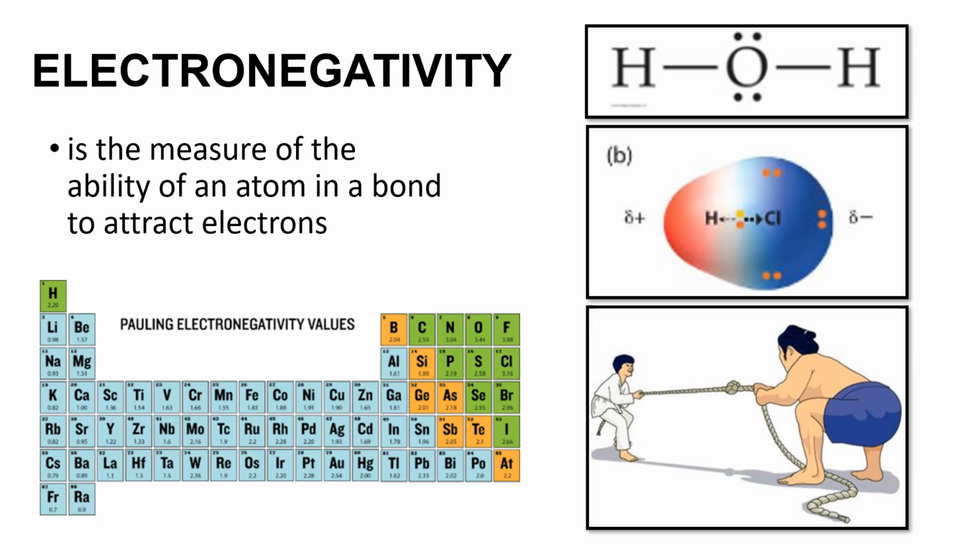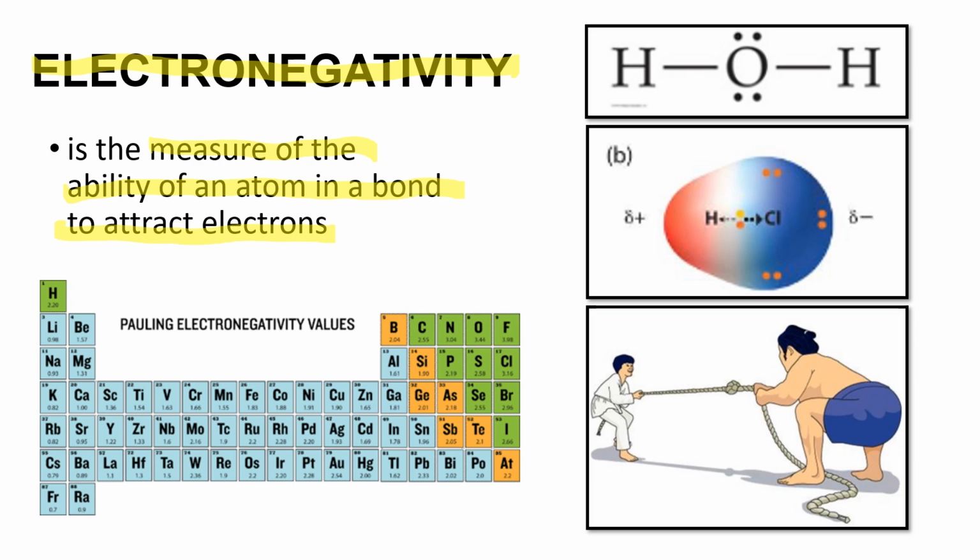When we talk about polarity between water and oil, we need to define terms first, and we have the term electronegativity. Linus Pauling came up with the concept of electronegativity to help explain the nature of chemical bonds. It is the measure of the ability of an atom in a bond to attract electrons.